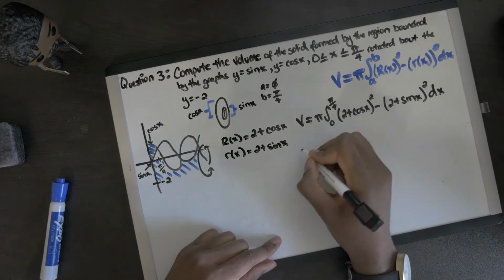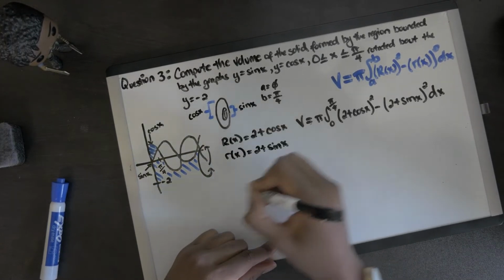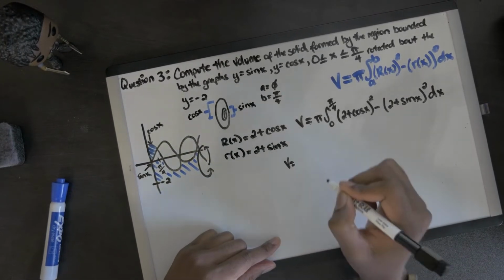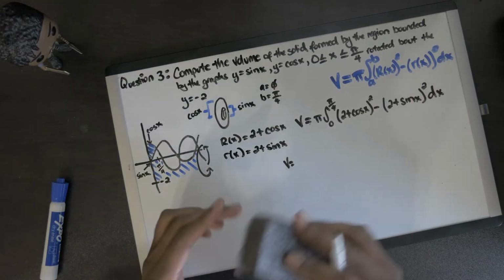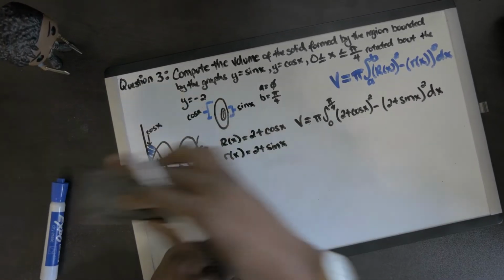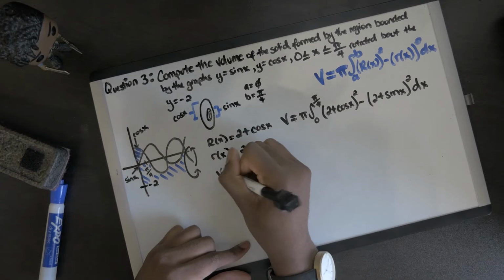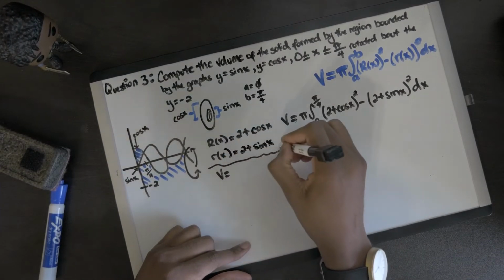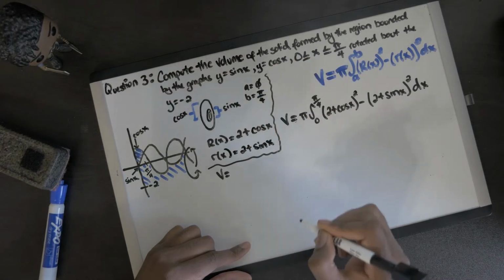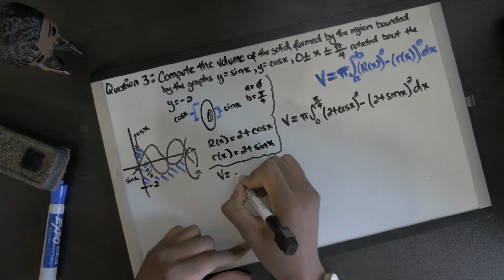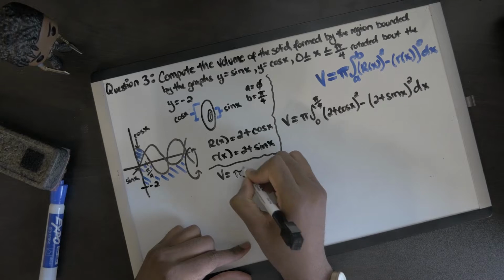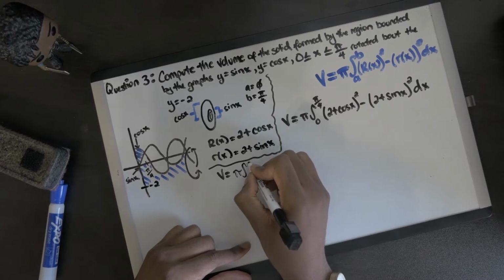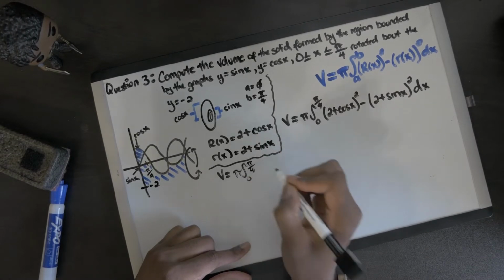So let's bring this down here so we have a little bit more space to write. So we have the volume now, and I'll draw a little line separating that. We have the volume equals pi times the integral from 0 to pi over 4.